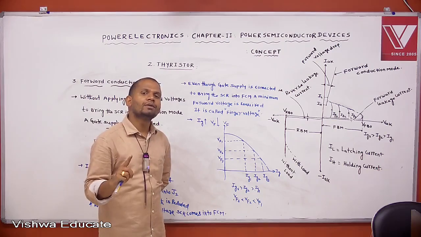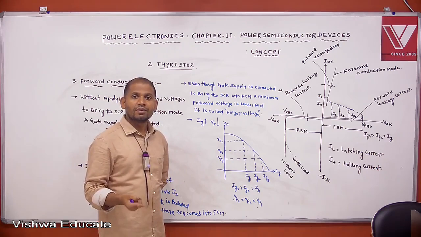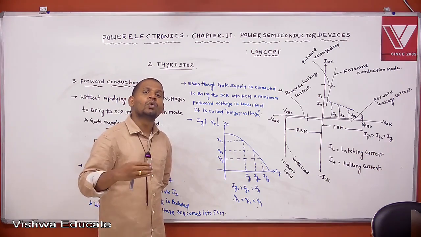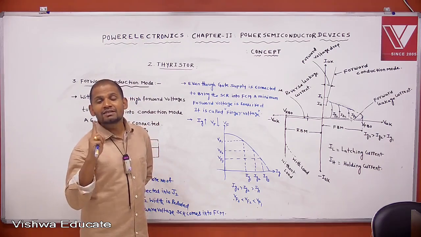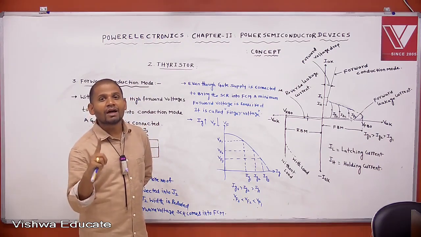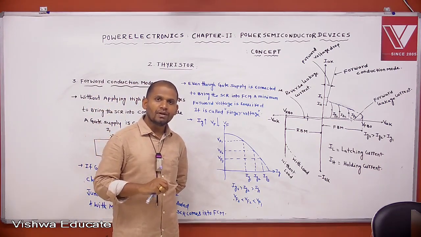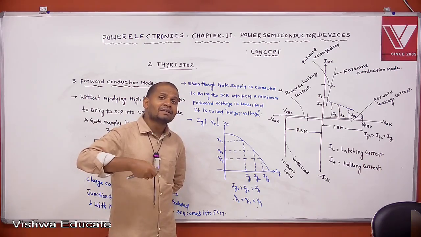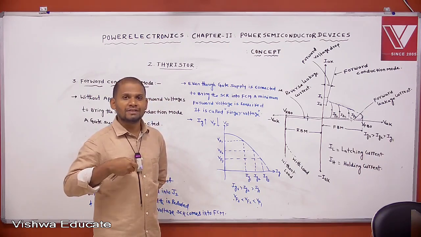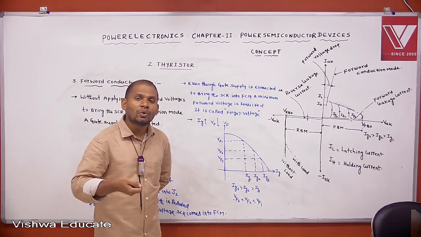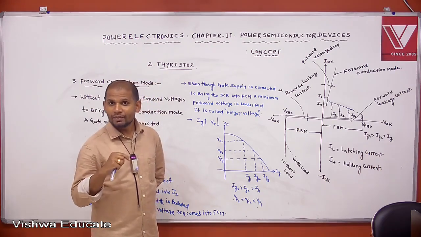But point to remember, once the SCR starts conducting, the gate loses its control over anode current. That means, by controlling gate current, we cannot control current through the SCR. Why? The reason is this.